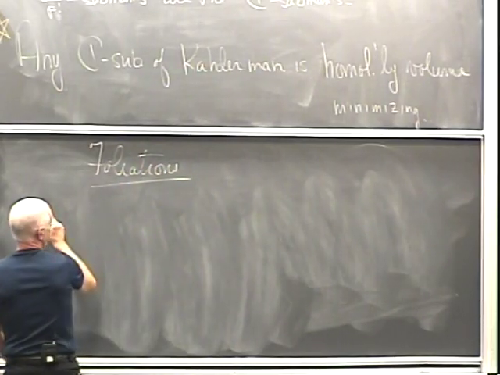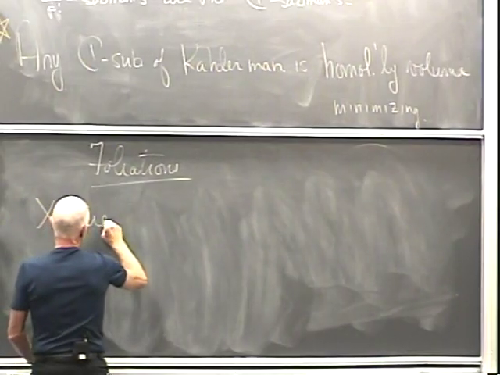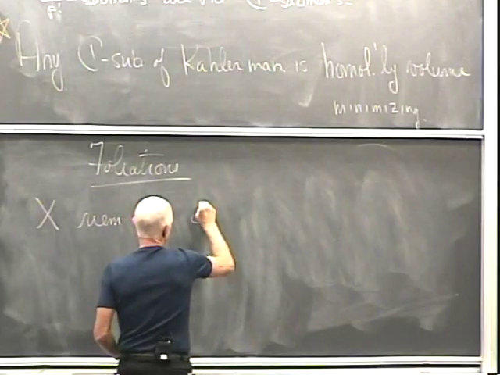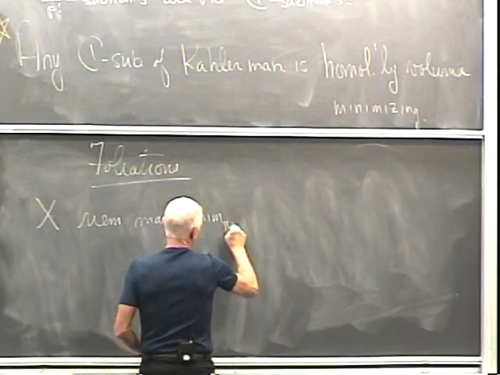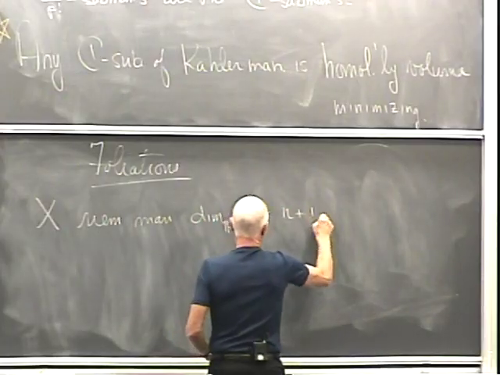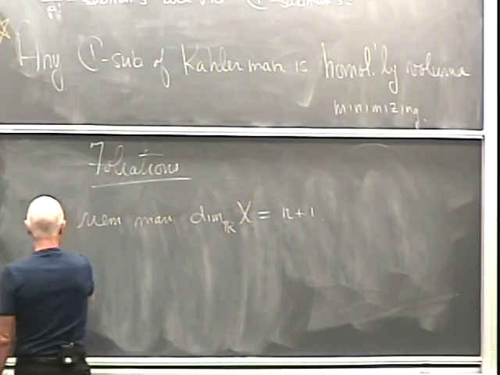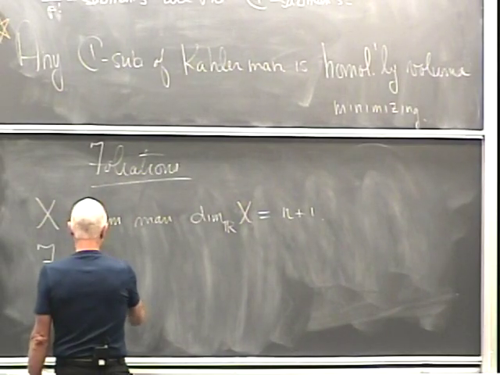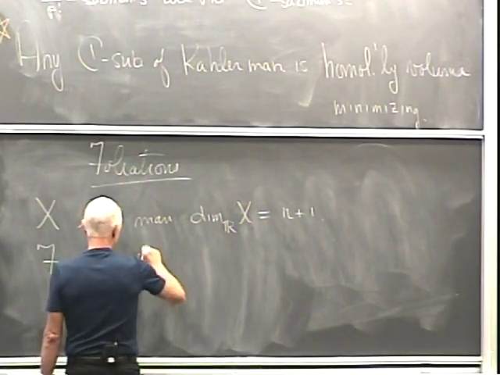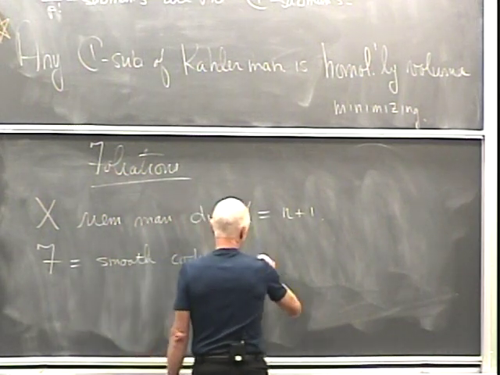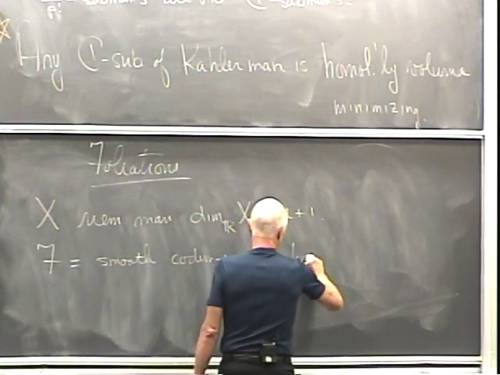So X is, as always, a Riemannian manifold of dimension n plus 1. And let F be a smooth, it only has to be C1, smooth codimension 1 foliation.